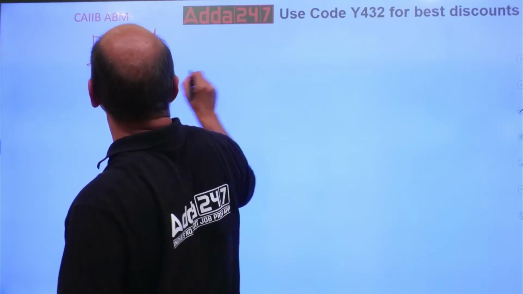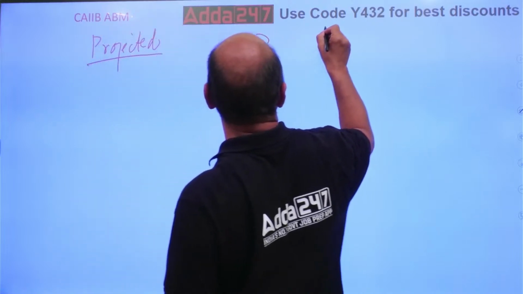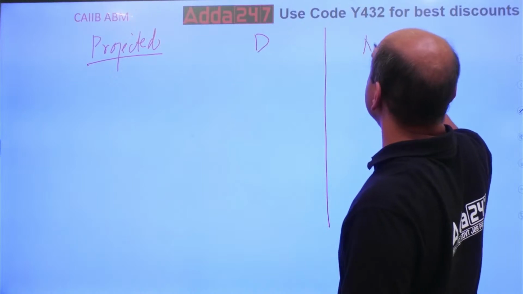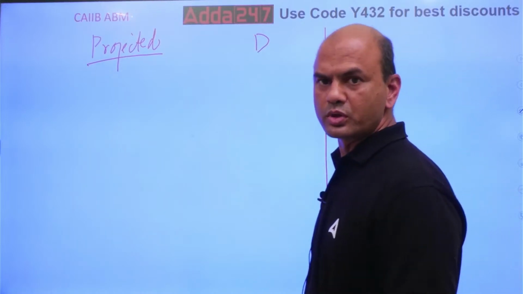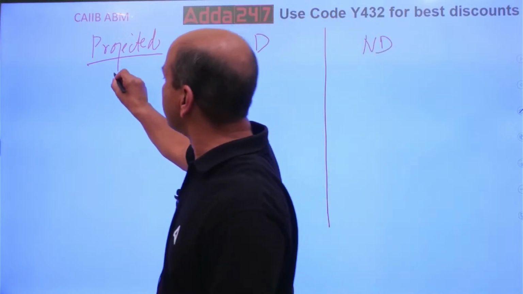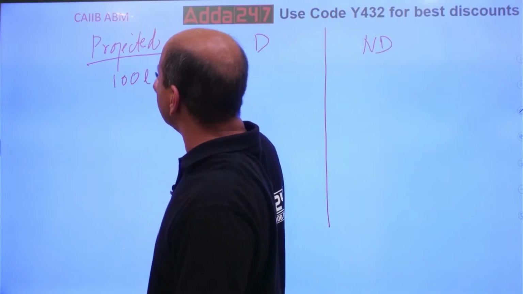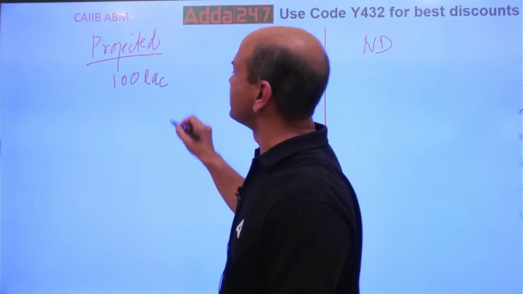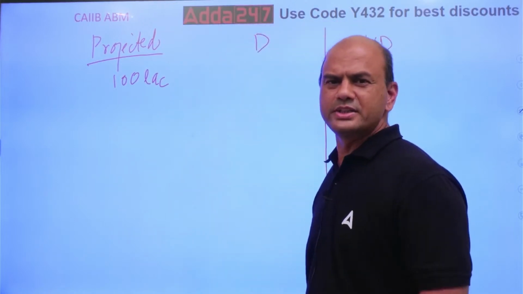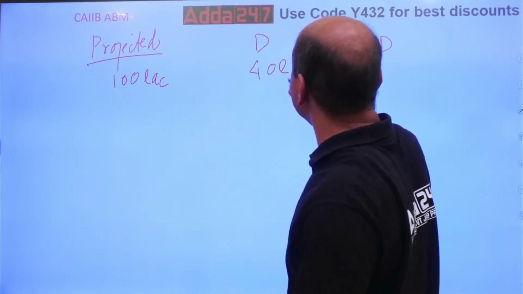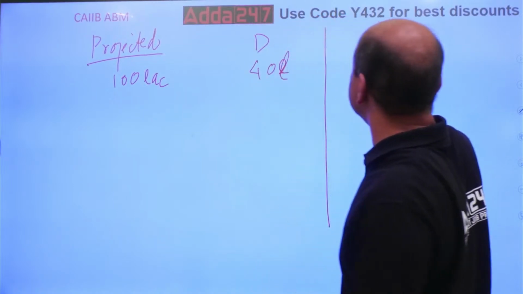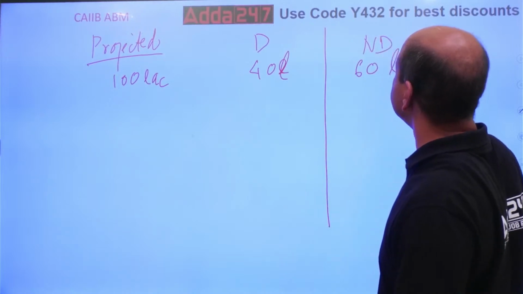Out of this now, digital and non-digital. So total turnover is what? 100 lakhs. Out of these 100 lakhs, what is given? 40% is through your digital. So 40 lakhs over here. Then 60 lakhs is non-digital.